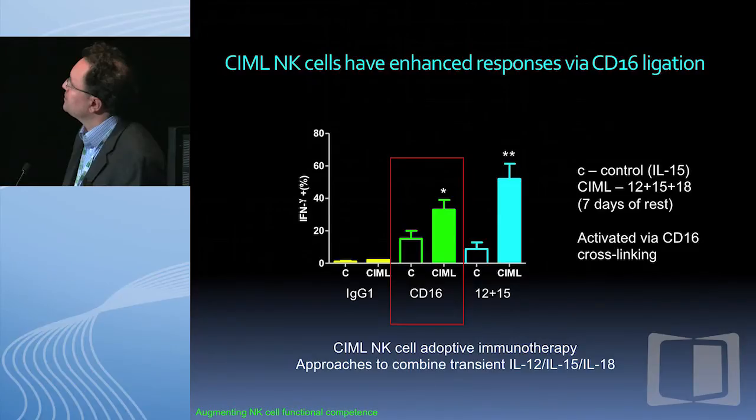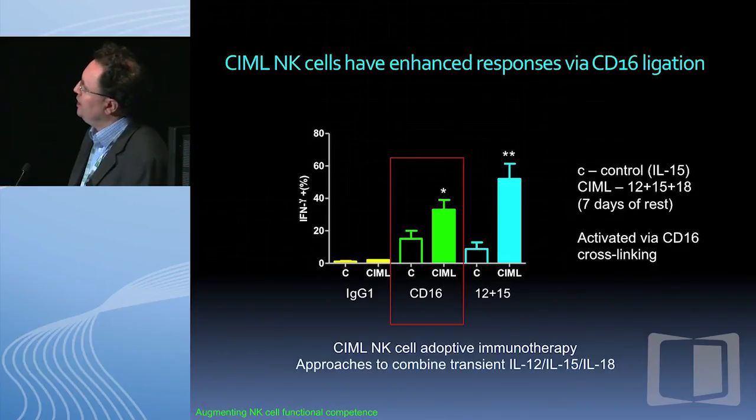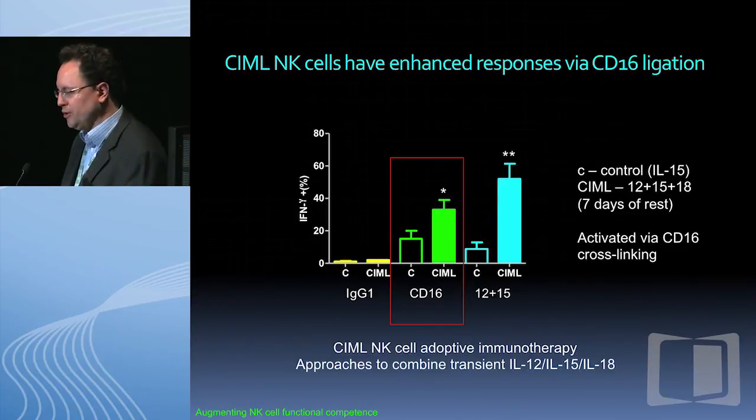We also see enhanced responsiveness to tumor targets, as well as primary AML blasts, as well as enhanced cytotoxicity against these same targets. It's not just cytokine production. I think most intriguingly for today's topic, we also see enhanced responsiveness through CD16 after these cells become activated, return to a resting state, and then their CD16 is ligated, suggesting that this might be an approach to enhance ADCC down the road.